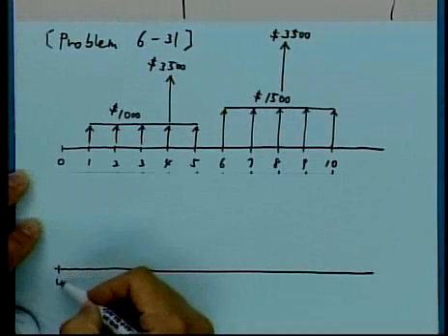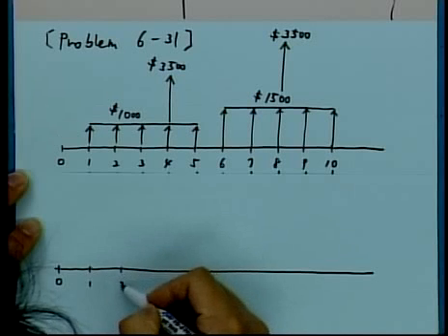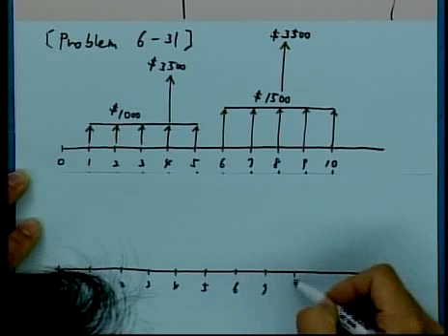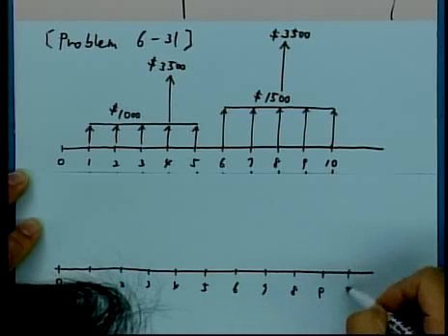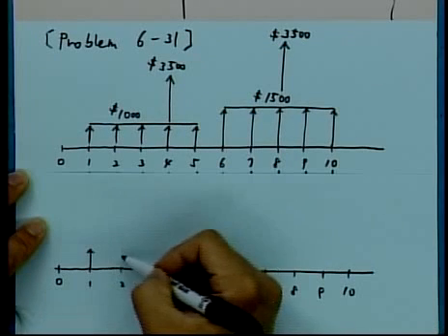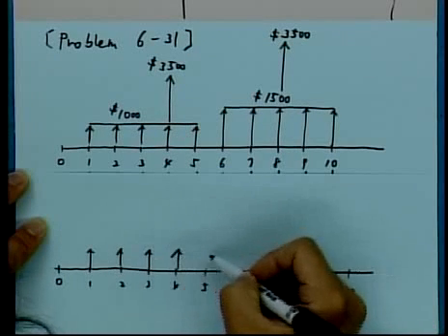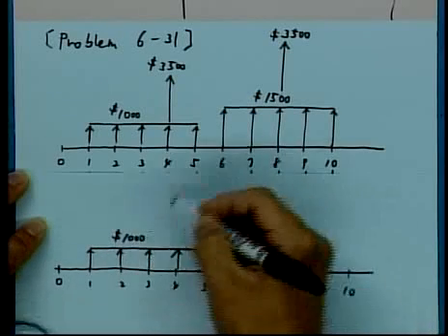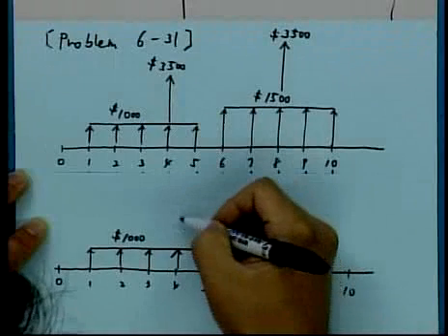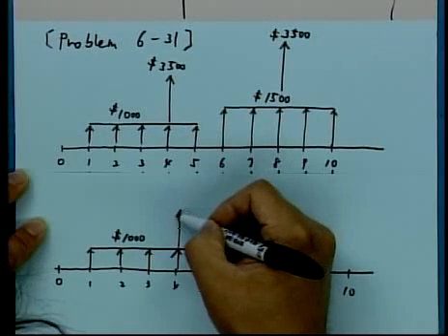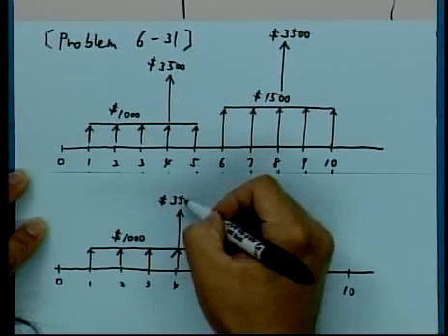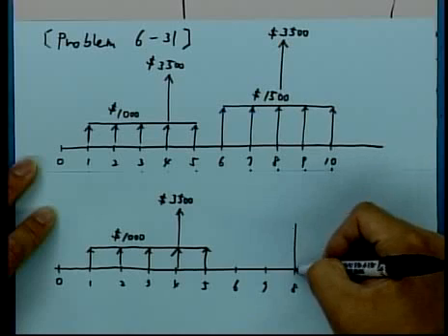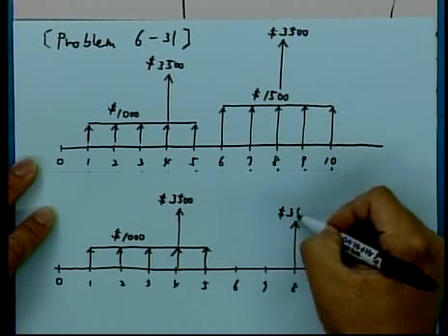Okay, so we have from 0, 1, 2, 3, 4, 5, 6, 7, 8, 9, and 10. So we have $1,000 during the first 5 years. And then at the end of the 4th year, there is $3,500, and at the end of the 8th year, another $3,500.